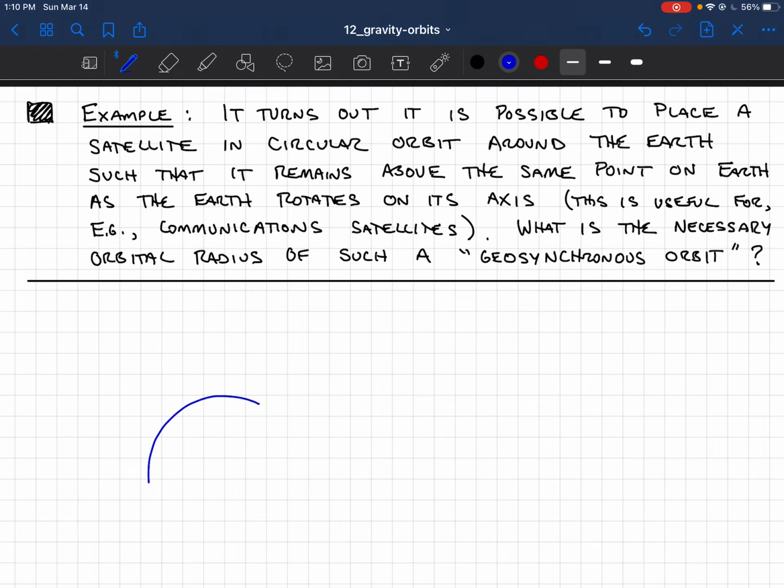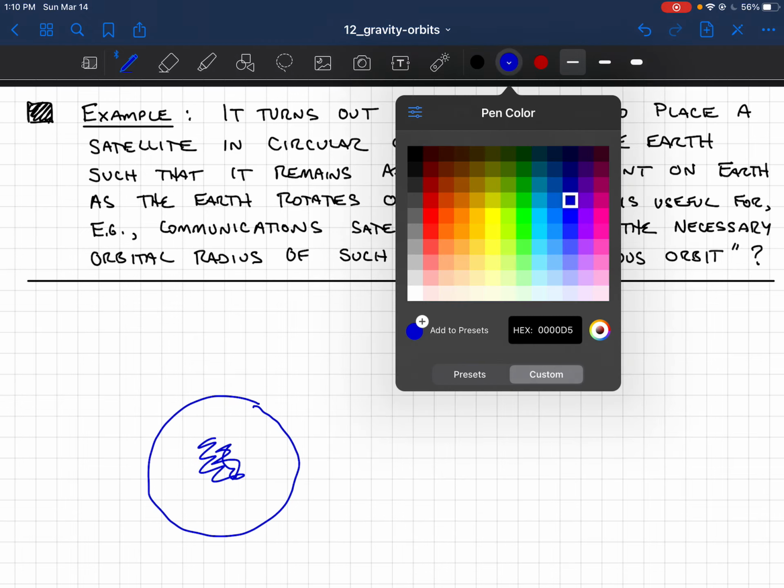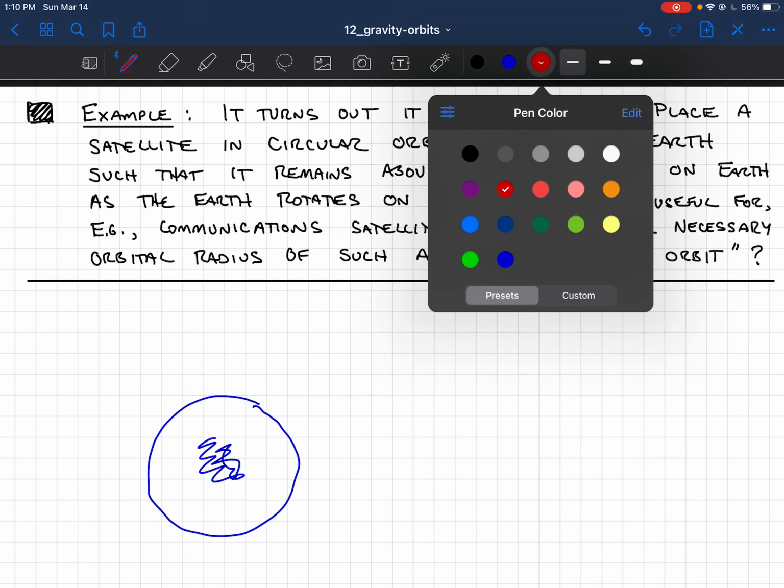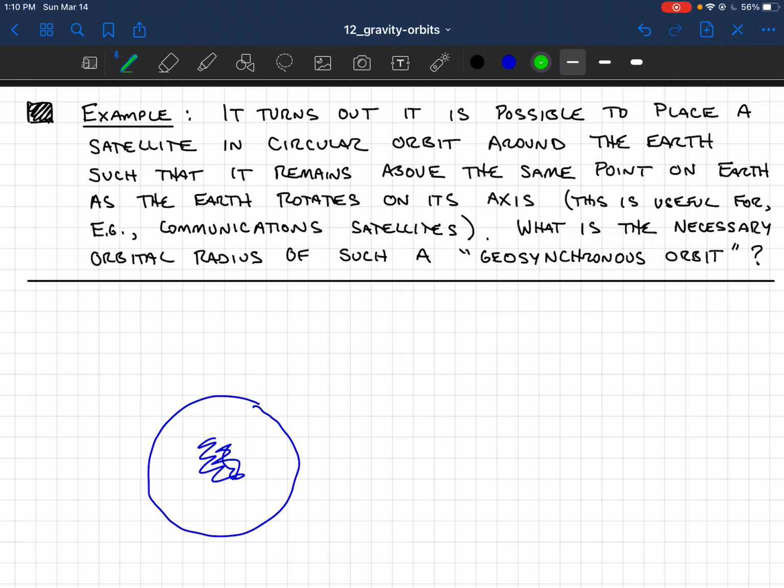So let's try and draw a picture of that. Maybe this is the Earth, and let's say this is what it looks like from above. How do we draw this? I guess Alaska looks sort of like this, and then there's North America, and here's Florida, then here's Europe, and then this is Russia.